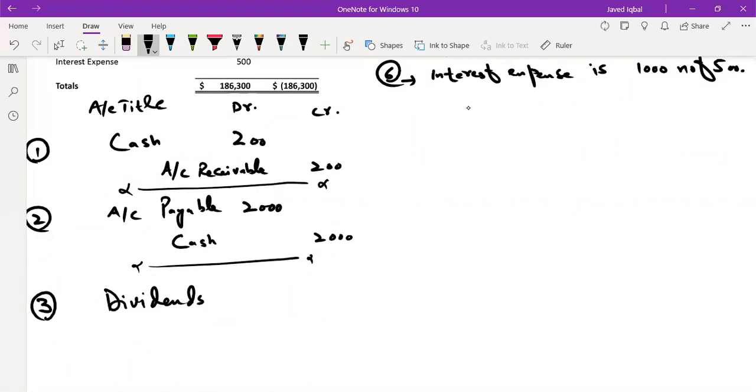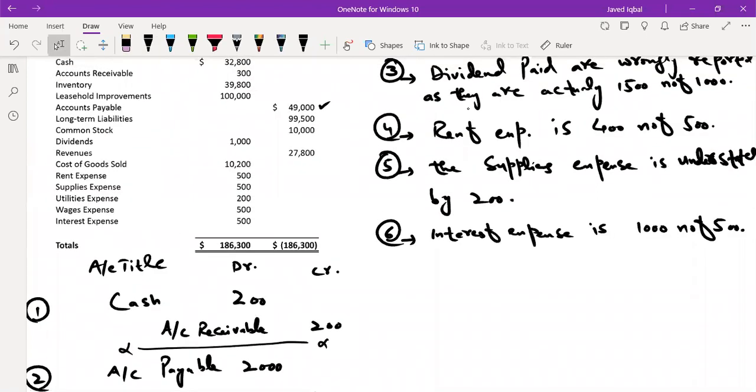To get it to 1500, we need to increase it by 500. And since most of the time dividends are paid from cash, we'll be recording 500 credit as cash, right? So this will be your probable adjustment entry number three.